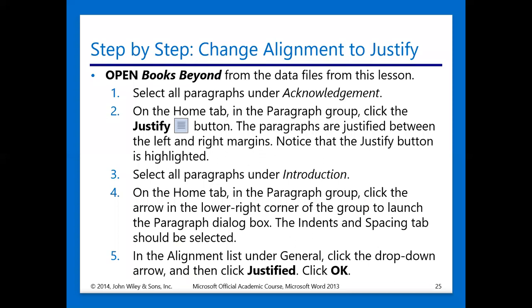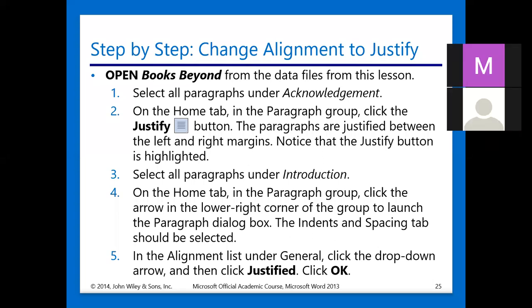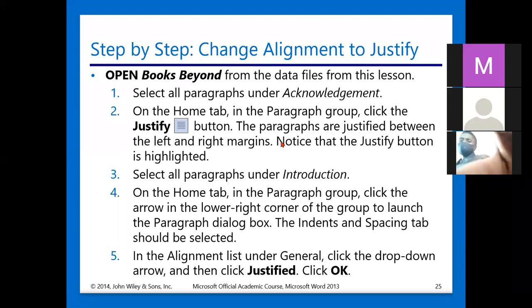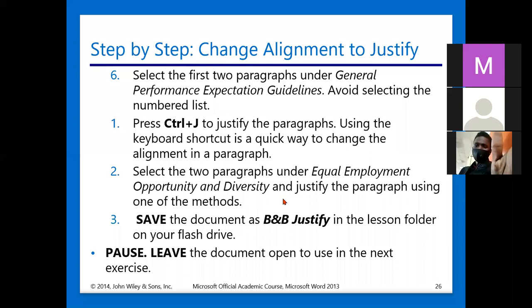So we've gone through different options on alignment. We'll quickly go through this one and simply justify the text for all our paragraphs. In the same file that we've opened, Books Beyond, we are going to select all the paragraphs under acknowledgement and set them to justified alignment, including those under introduction.